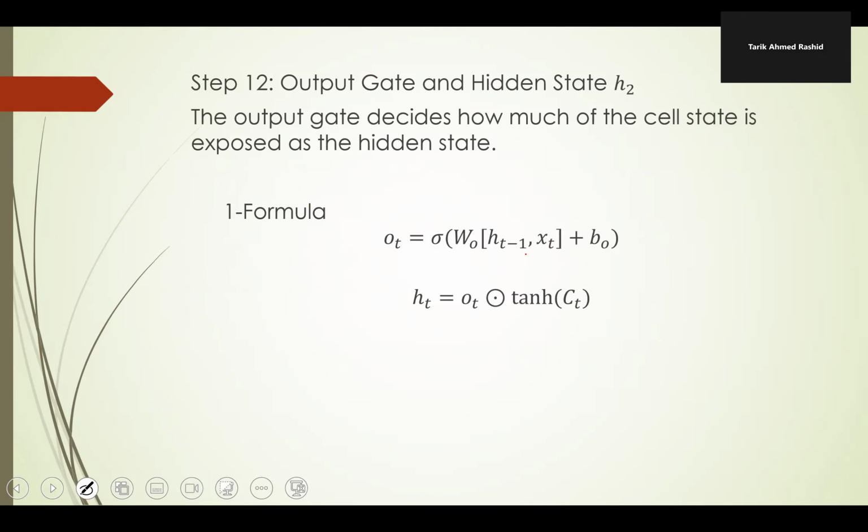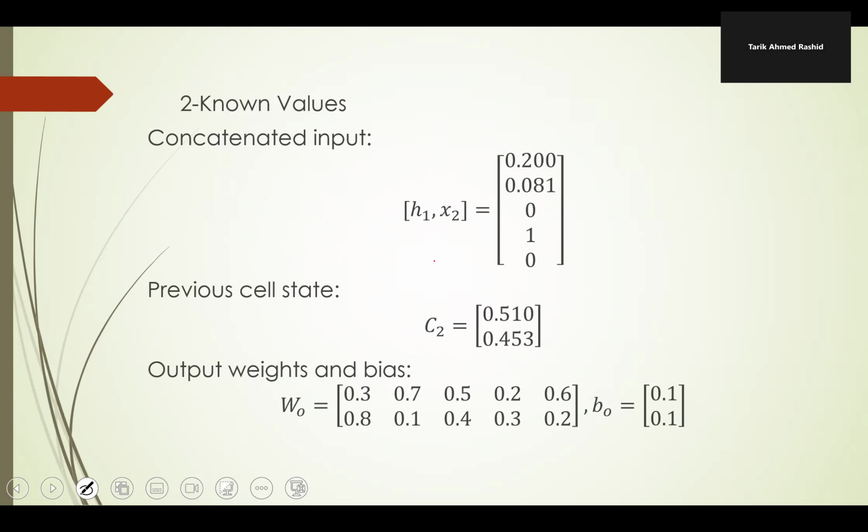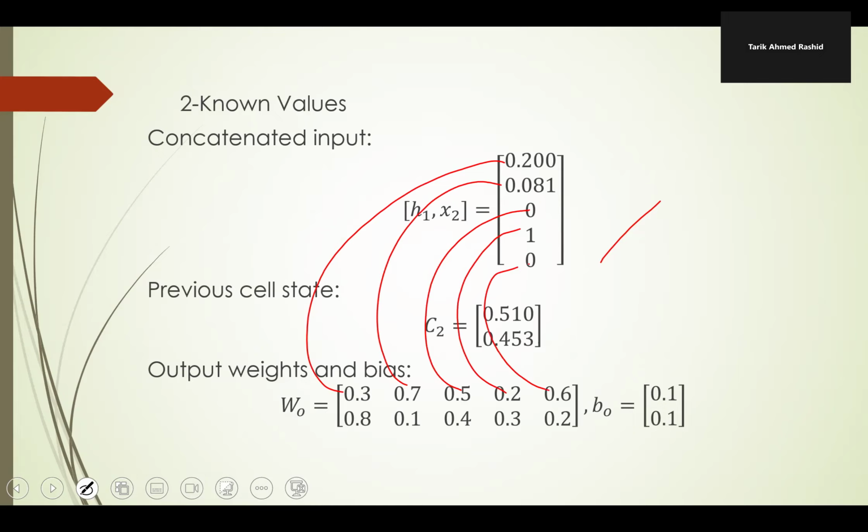So we need to find this part first, and then plug it in to find H2. The same input concatenated with the hidden is multiplied by the output weight matrix.